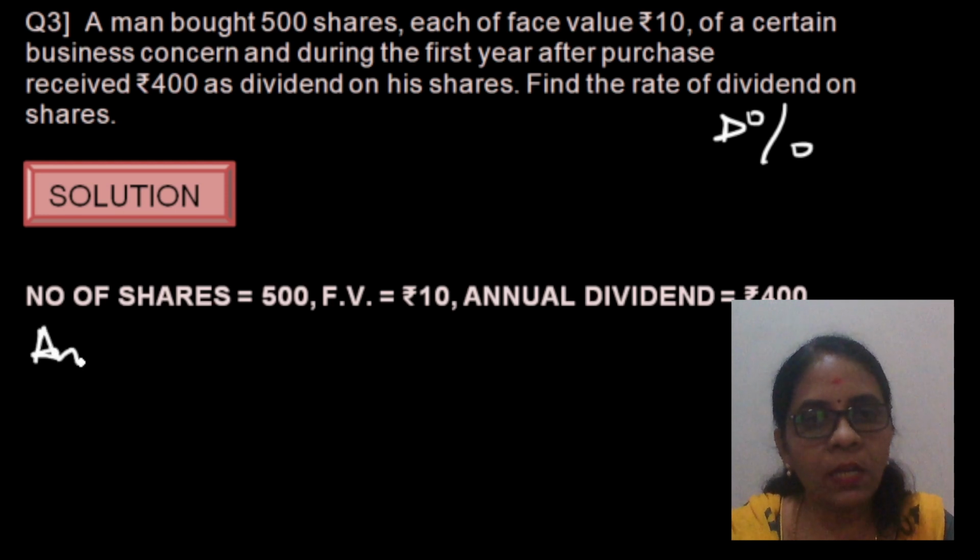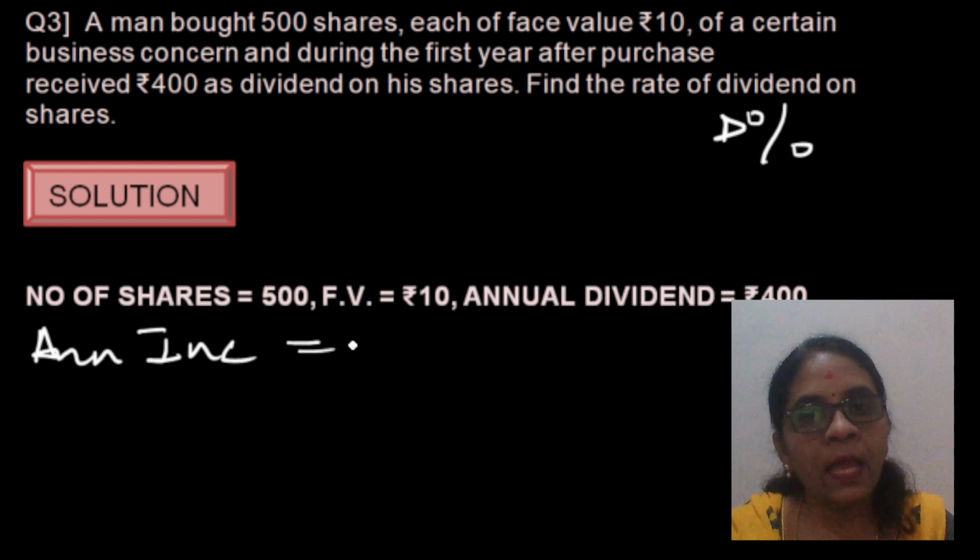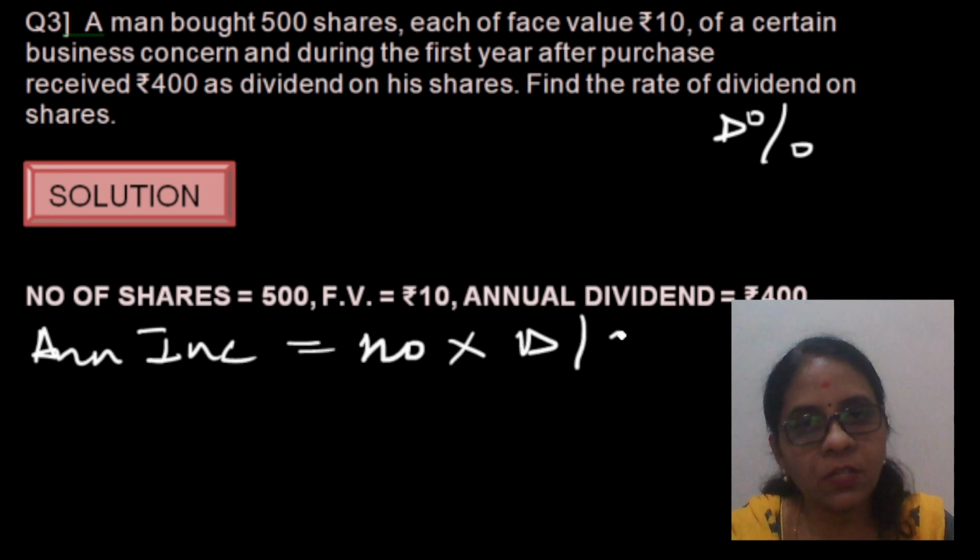So annual income, what is the formula for annual income? Annual income is equal to number of shares into D per share. Now what is this D per share again? Let us fill in the data now.